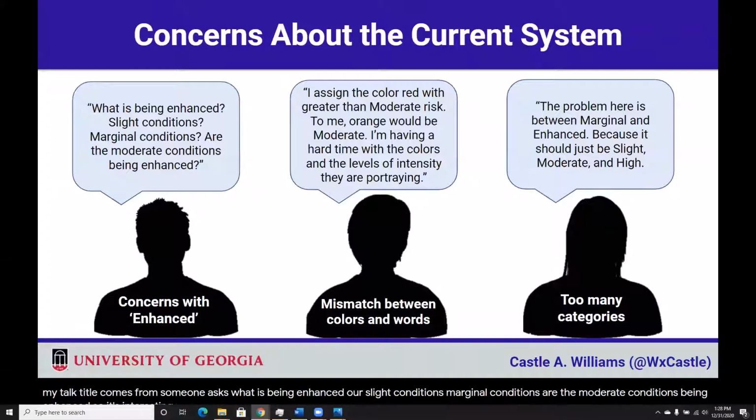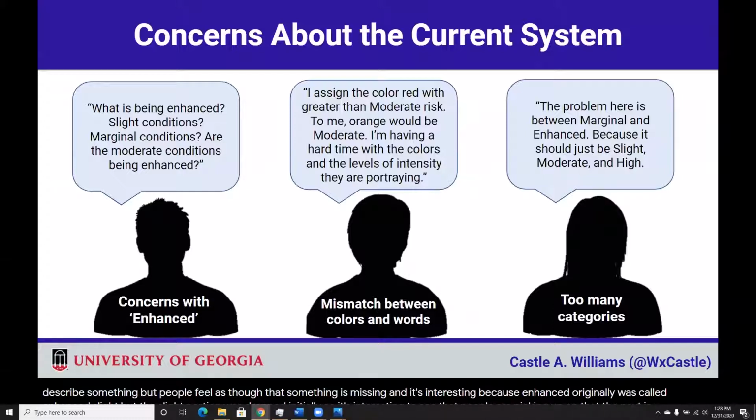So it's interesting that one individual was able to pull out that the word enhanced is distinct from the other words, and that enhanced is being used as a descriptor to describe something, but people feel as though that something is missing. And it's interesting because enhanced originally was called enhanced slight, but the slight portion was dropped initially. So it's interesting to see that people are picking up on that.